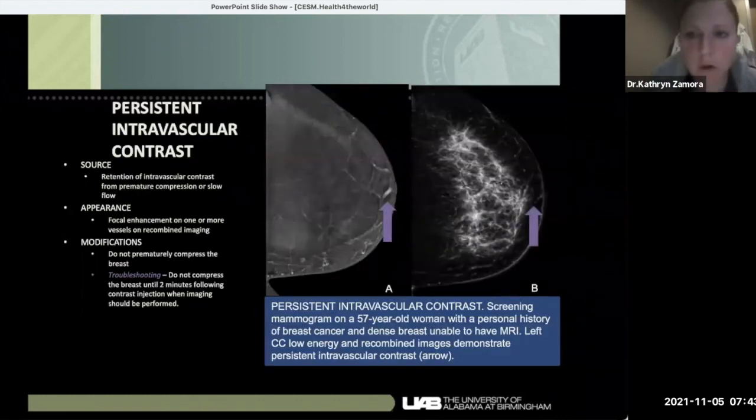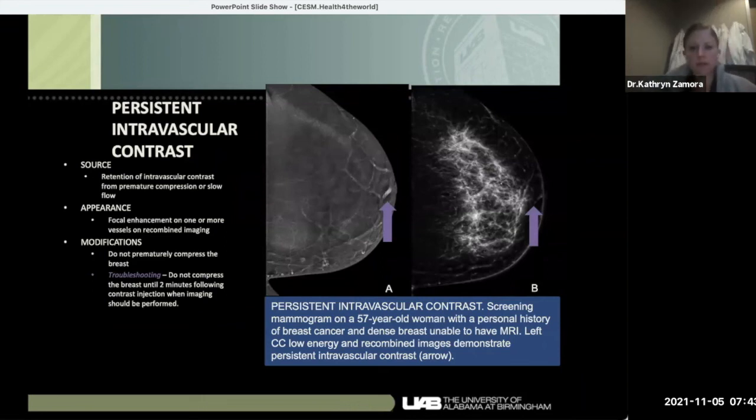Persistent intravascular contrast. Here is an example of that. You can see here on the right image, there is contrast retained in that vessel on the recombined image. And sometimes patients do have slow flow through the vasculature.